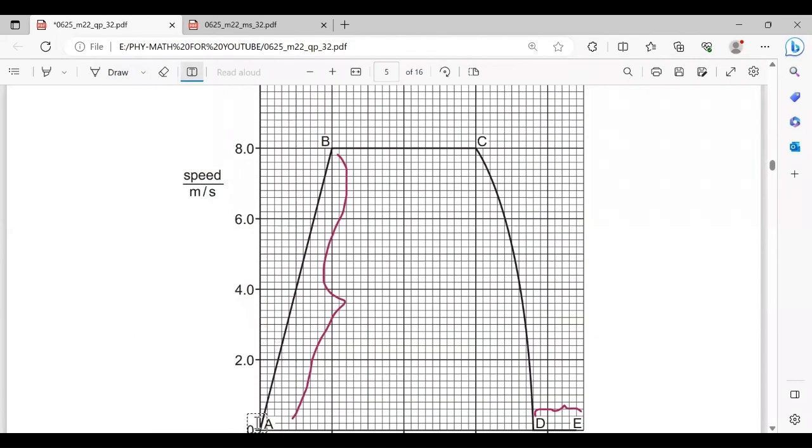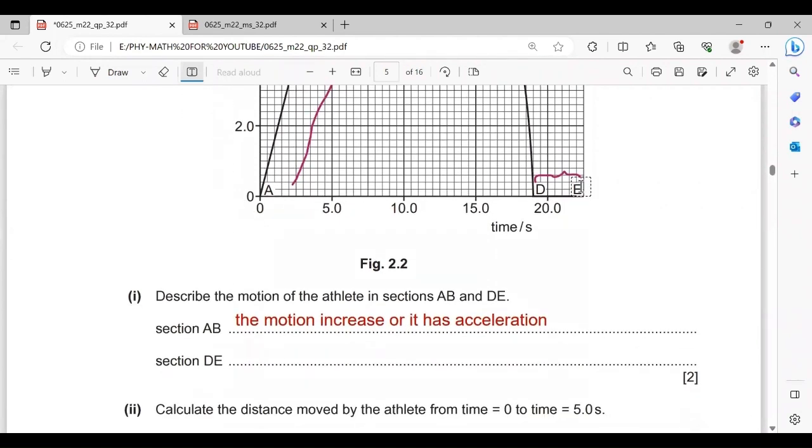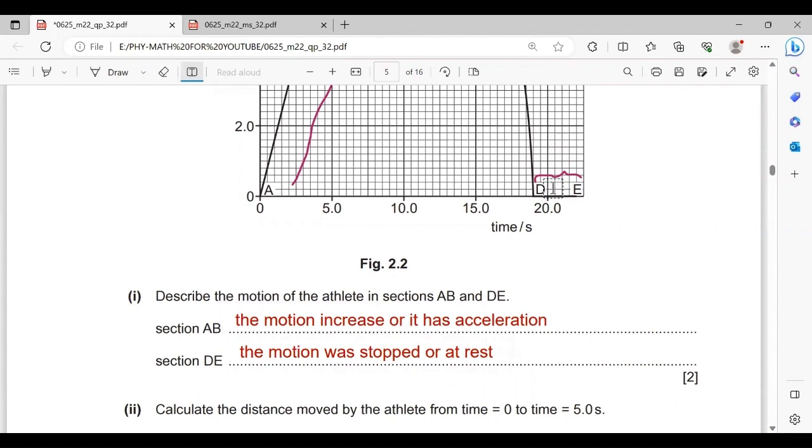And for section D, E, the motion was stopped, or at rest, because it's 0. Okay, next.